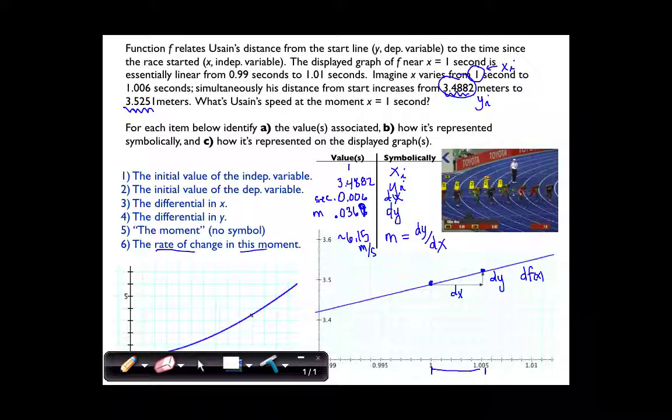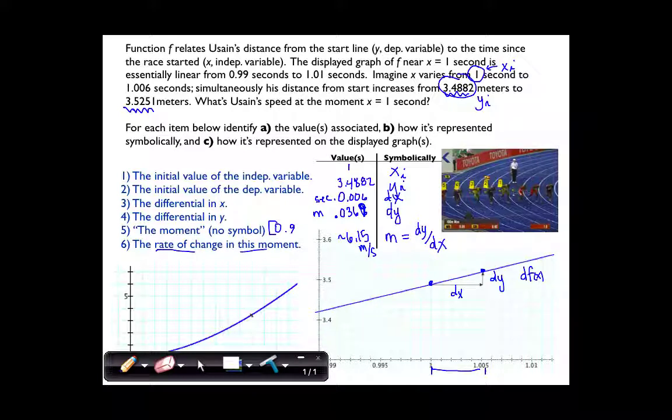So this is kind of arbitrary. You don't have to define it precisely, but this moment is just picking an interval where it seems like we have, or it is close enough to, a constant rate of change. So this moment extends from 0.99 to 1.01 approximately, and I could list that as an interval.